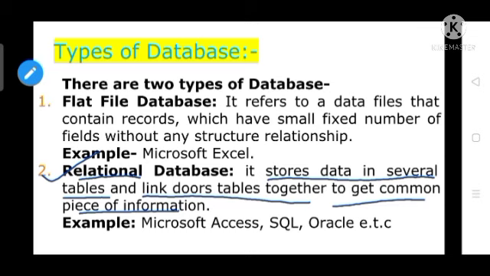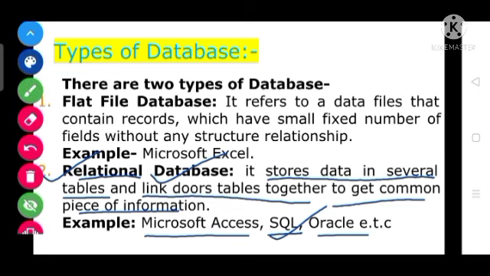It means if data is distributed in multiple tables, then we can access all the information from the multiple tables by making a relationship between them, and that's why this type is known as a relational database. Examples of relational databases are Microsoft Access, SQL, and Oracle. Full form of SQL is Structured Query Language. Maybe you all understood everything very well up to here.